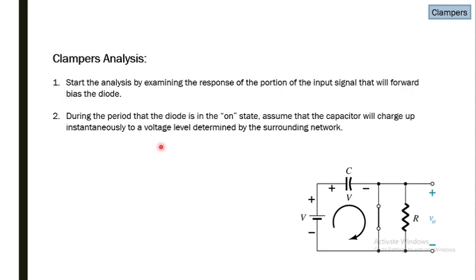The next step is, during the period that the diode is in the on state, assume that the capacitor will charge up instantaneously to a voltage level determined by the surrounding network.